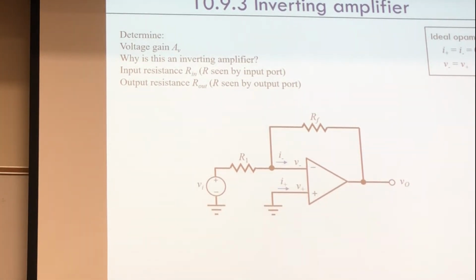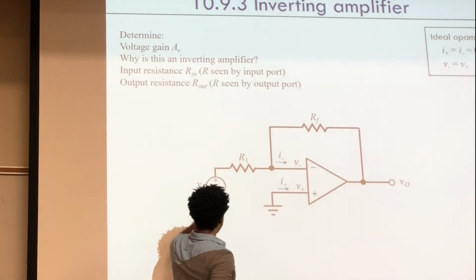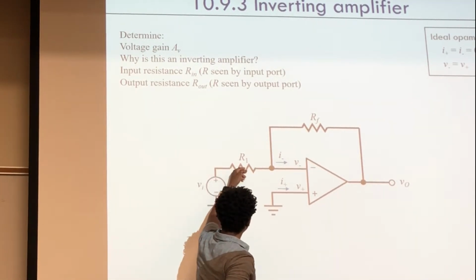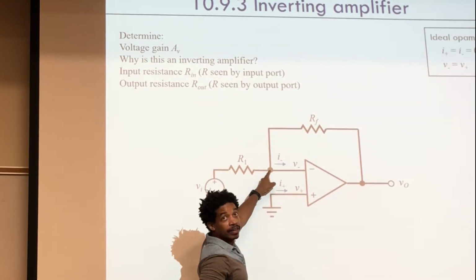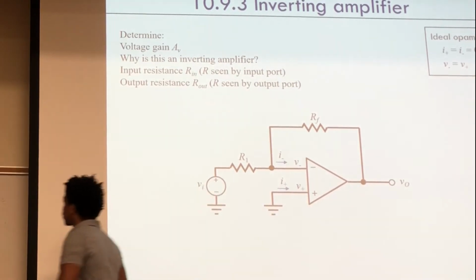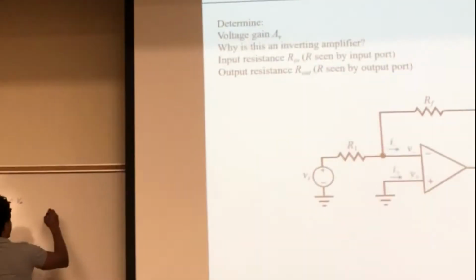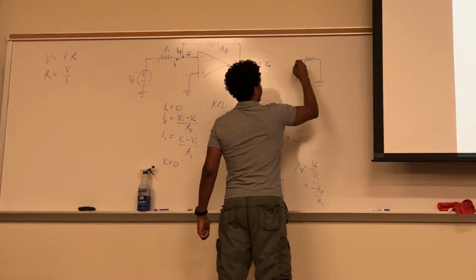So what's happening? If I apply this voltage right here, current's going to go through here, but what voltage is right there? 0. So it looks like this. It's just going to ground directly.